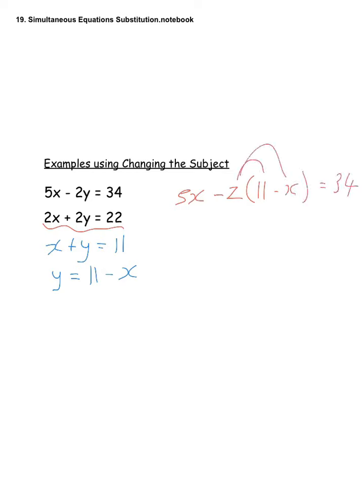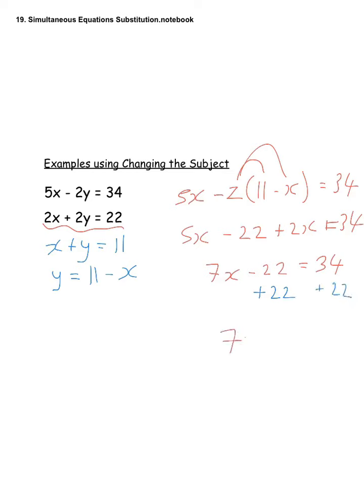Multiply out the brackets, so 2 times 11 is 22, minus 22, minus 2 times minus x gives us plus 2x, and that's equal to 34. 5x add 2x makes 7x, minus 22 is equal to 34, and then we are going to add on 22 to both sides in order to solve this equation.